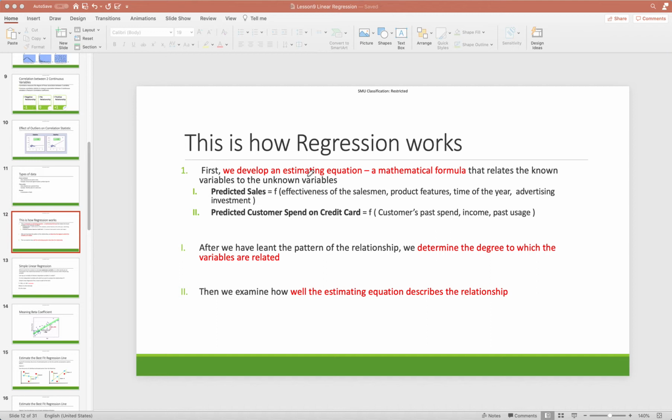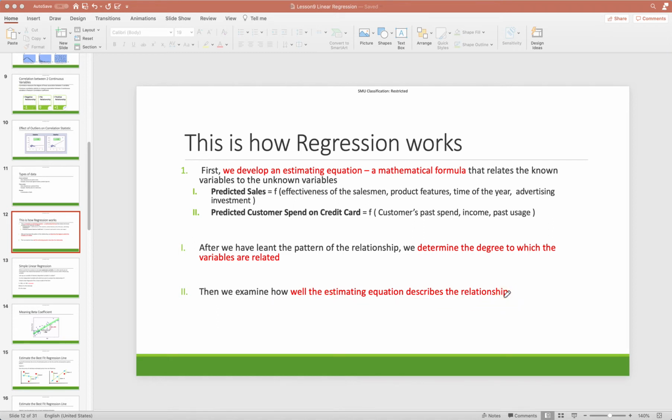After we've derived that mathematical equation, then we analyze it to understand the patterns or the relationships and the degree to which the x variables are related to y. And then we examine how well the equation describes the relationship. So this is very important.